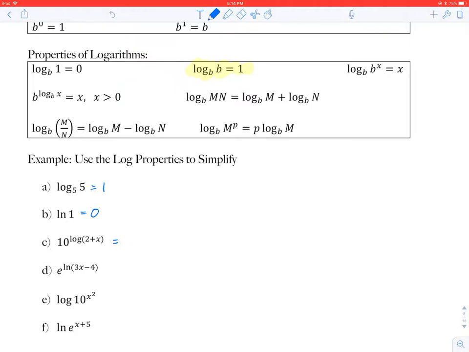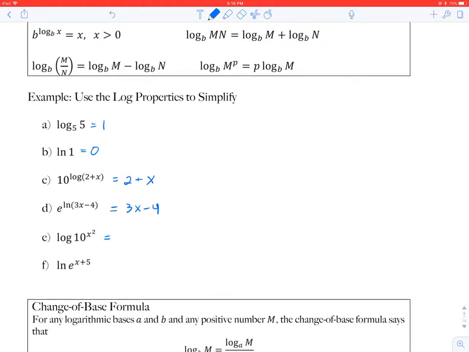If you have a base raised to the log of the same base of something, then it's almost like the bases cancel out and you just end up with the argument. So in this case, for 10 raised to the log base 10 of 2 plus x, we just end up with 2 plus x. 3x minus 4. Okay.